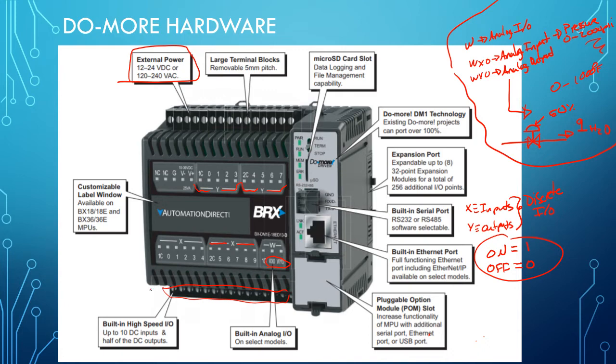Okay. This right here, this side over here, this is your actual CPU. This is a removable, or you may say replaceable or exchangeable, port for additional communication functionalities. Okay.